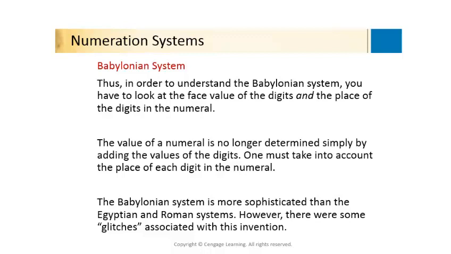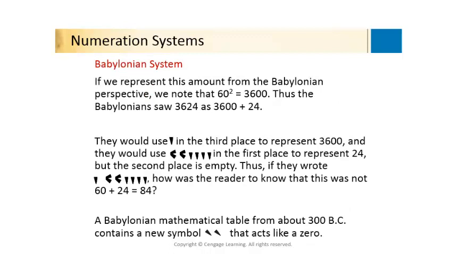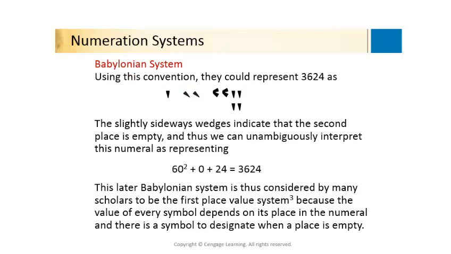And this particular system also has a few glitches to it, though, because sometimes the same set of symbols represents a couple of different numbers, and they give you that information here, and how it can look like 2 different numbers, the same set of symbols. So what they did instead was try to do some sort of sideways symbol in order to designate the fact that there was a placeholder there, or there was a 0 there.